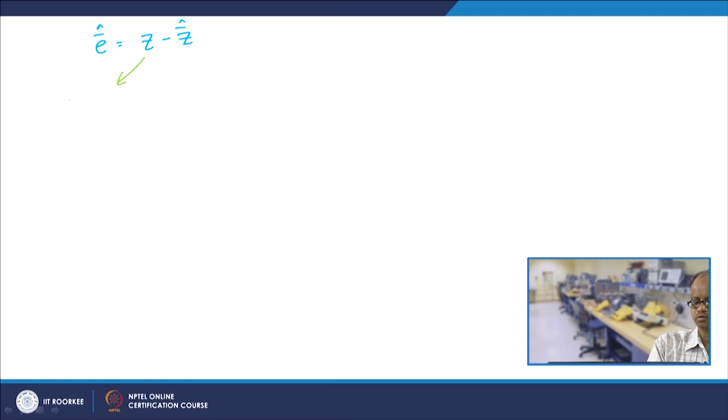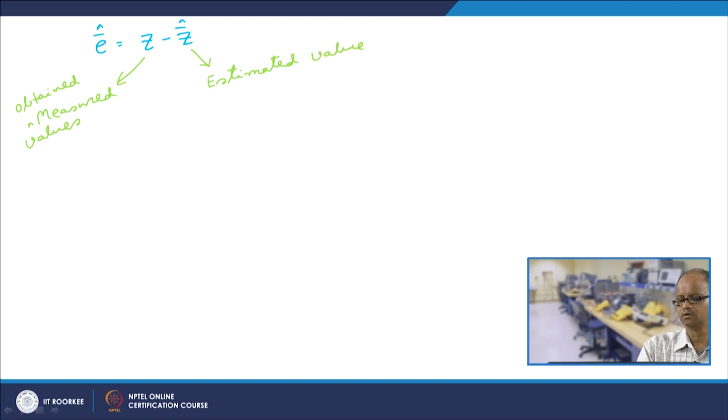So these are the true, or rather the obtained measured values, and this is the estimated values of the measured quantities.